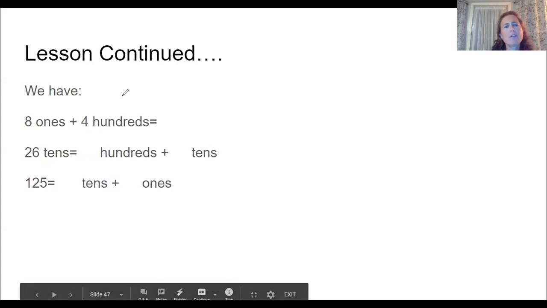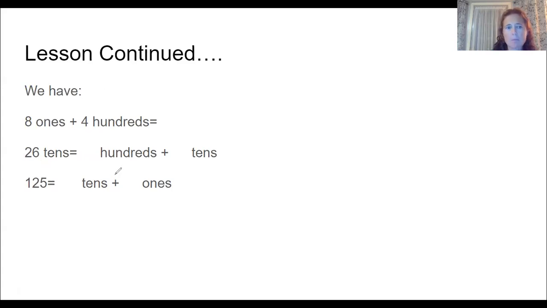All right, so here are some other types of problems that look a little different than the typical expanded form that we have seen. We have 8 ones and 4 hundreds. What number would that be? Well, if we think about that, we have 4 hundreds, right? Even though it's not the first number in our expanded form, we still have it.